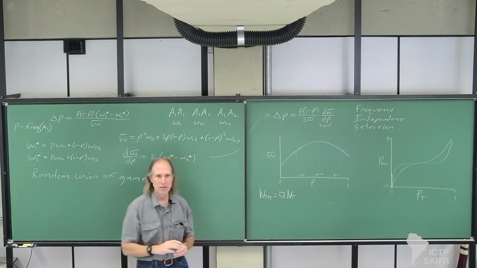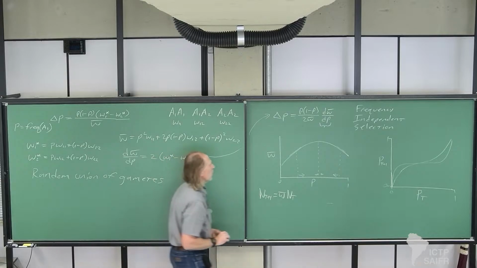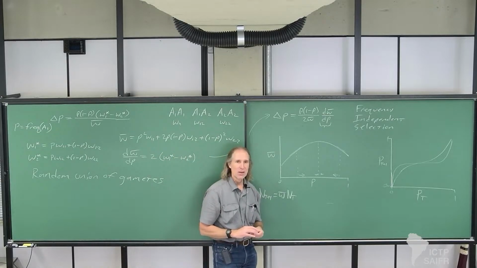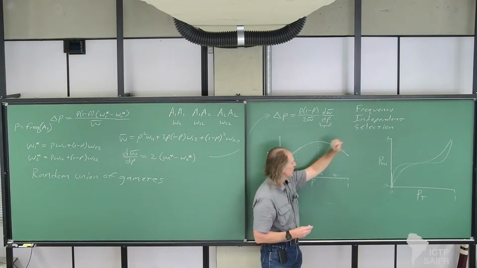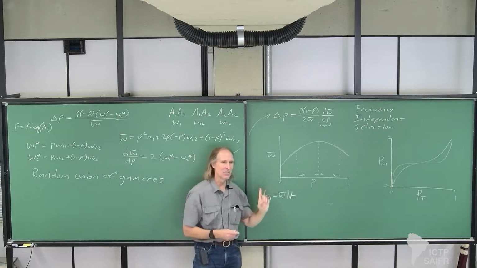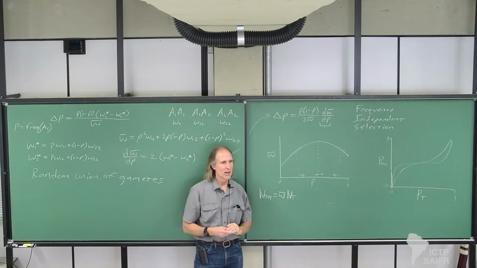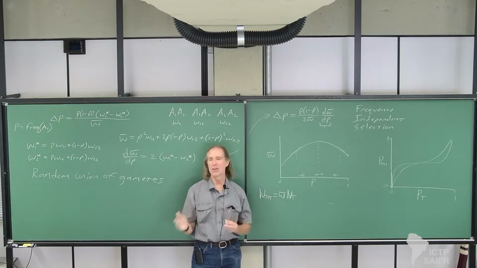That grabbed his attention. Now, incidentally, Wright also was able to formally show that if selection is frequency dependent, then this does not necessarily happen. And he didn't really pursue that except to show that it doesn't necessarily happen.